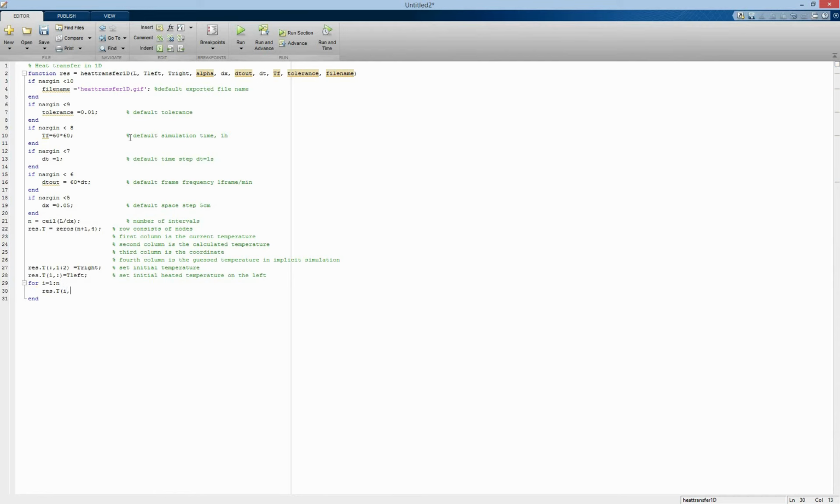And we set the coordinate of each node, which is proportional to its index. And the last coordinate is the length.